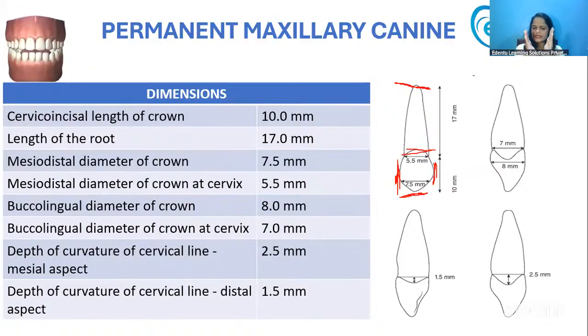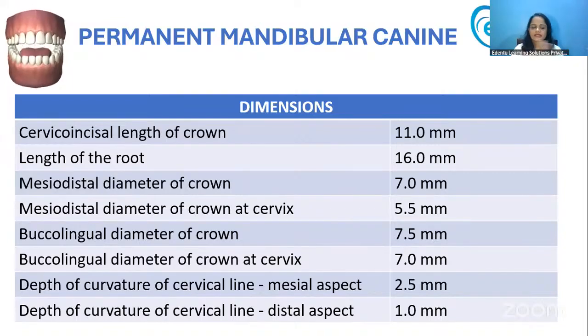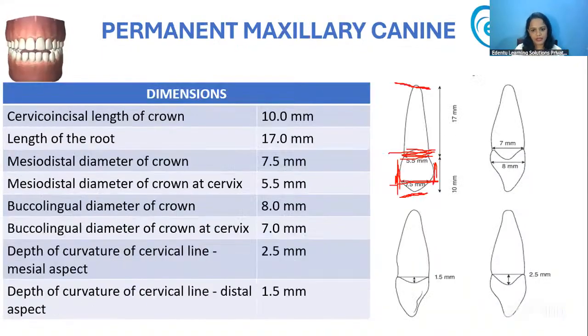The mandibular canine is a little bit narrow. Then the mesiodistal diameter of the crown at the cervix: there will be a difference between the incisal tip and the cervical area, which is generally expected. In the cervical area, the mesiodistal diameter is around 5.5, and it is the same for the mandibular canine also.